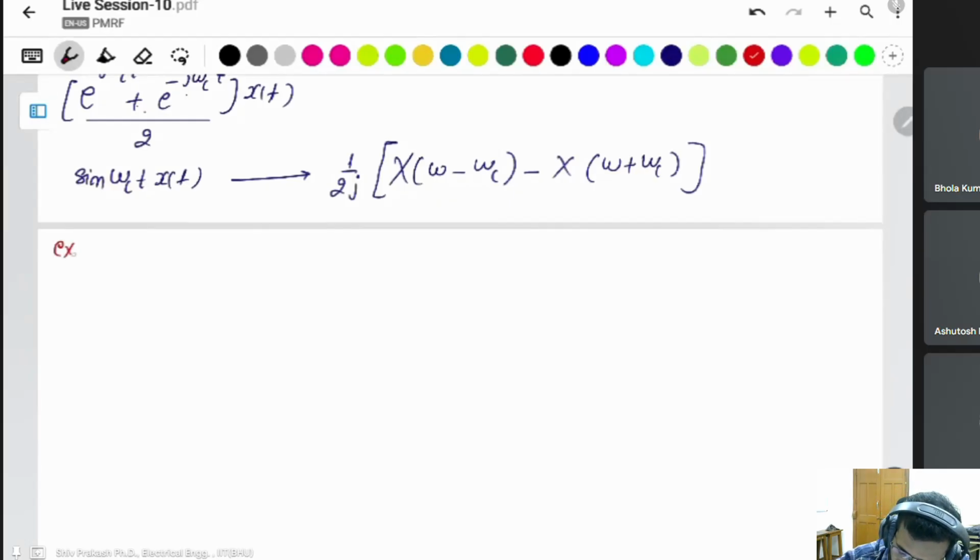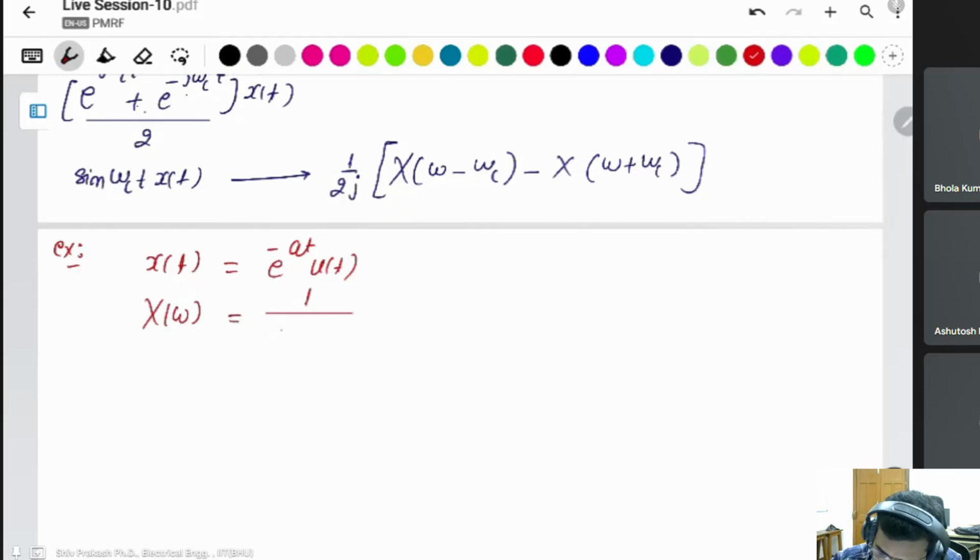Okay, take some example for this one. Suppose xt is equal to e to the power of minus at ut. Then what is the Fourier transform of this signal? It will be 1 by a plus j omega. What is the magnitude of this one?